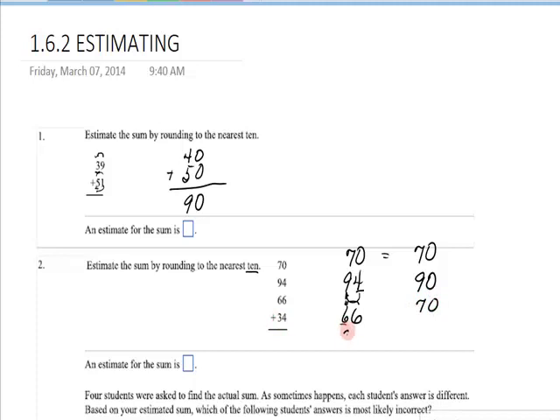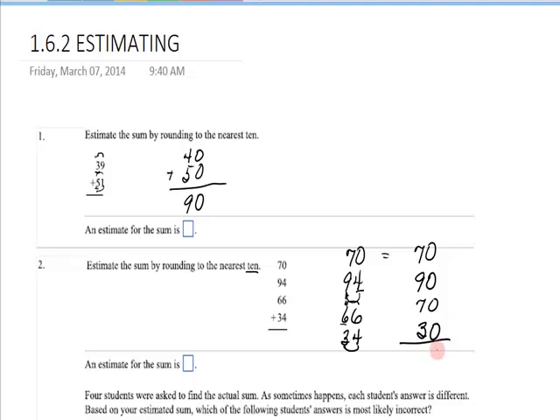And 34 rounded to the nearest 10, I'm going to leave it as 30. So rounded down to 90, rounded up to 70, rounded down to 30.